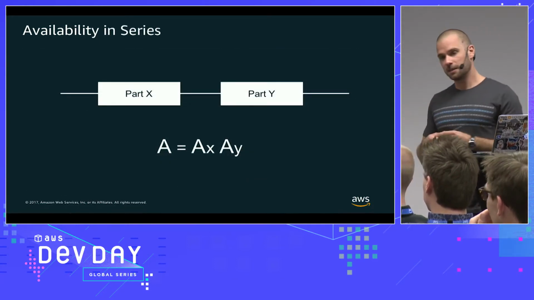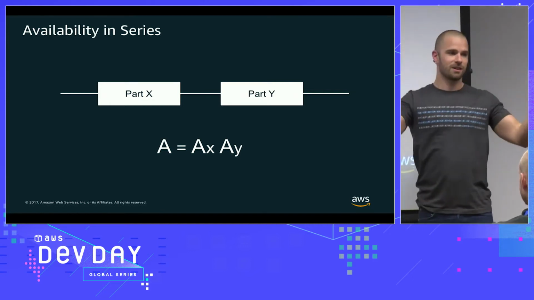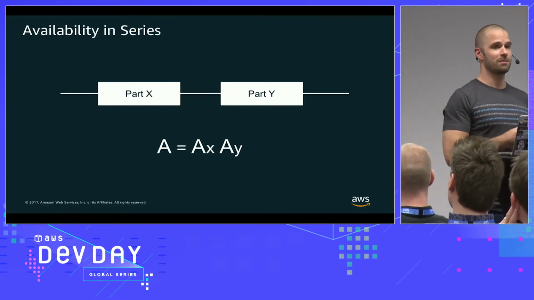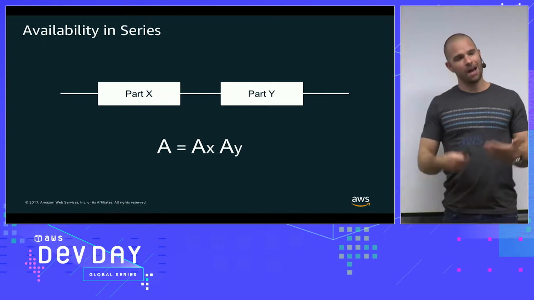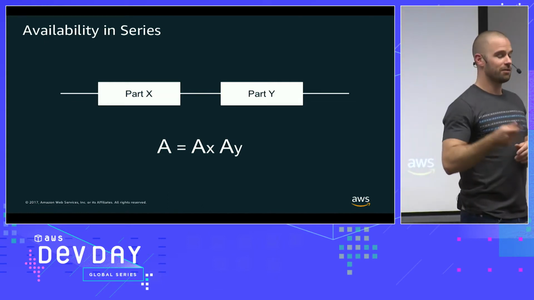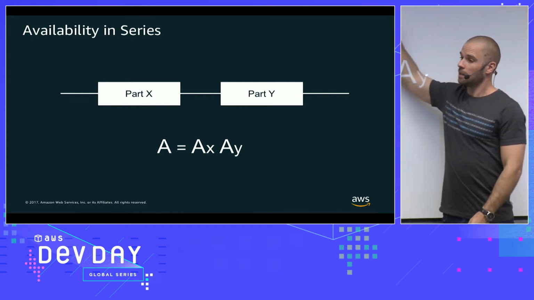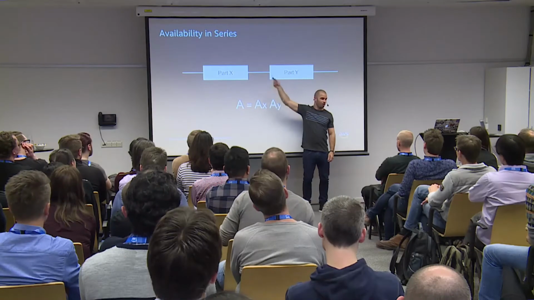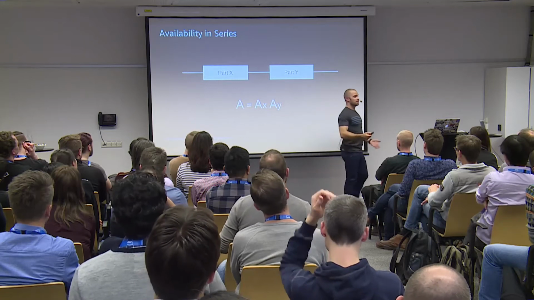The second thing is, in a system, we have series, right? So for example, you have an architecture or a system with 2 components, X and Y here. Now understand how they affect each other, right? If X is lower than Y, the overall availability of the system is going to be lower than X, right? That's mathematics.